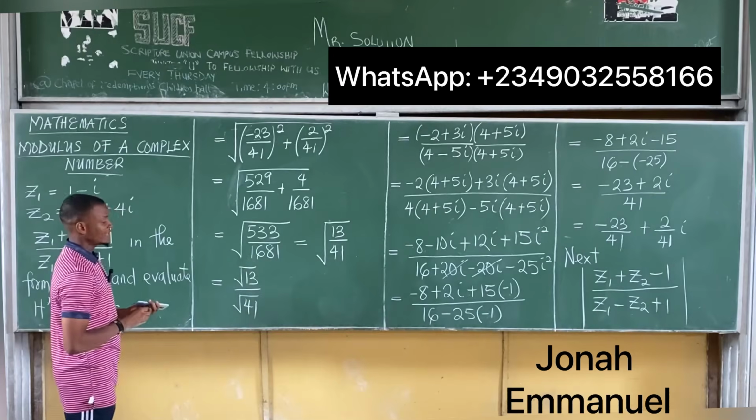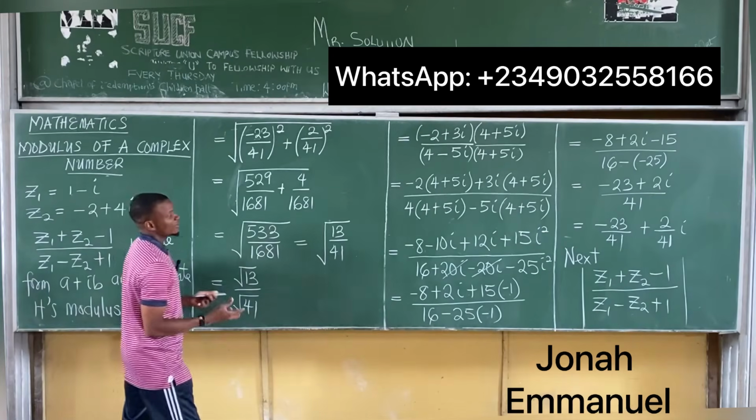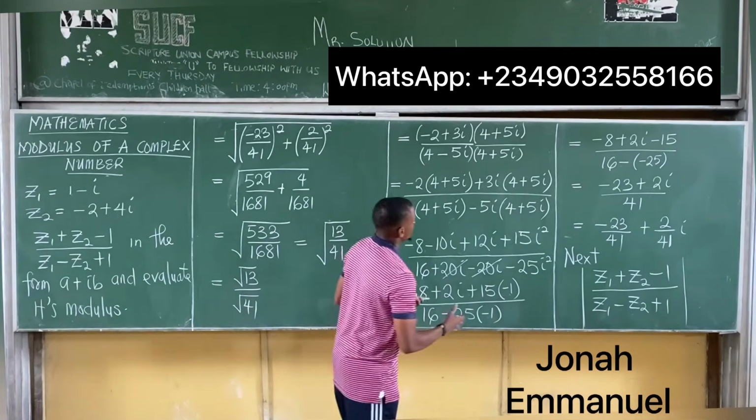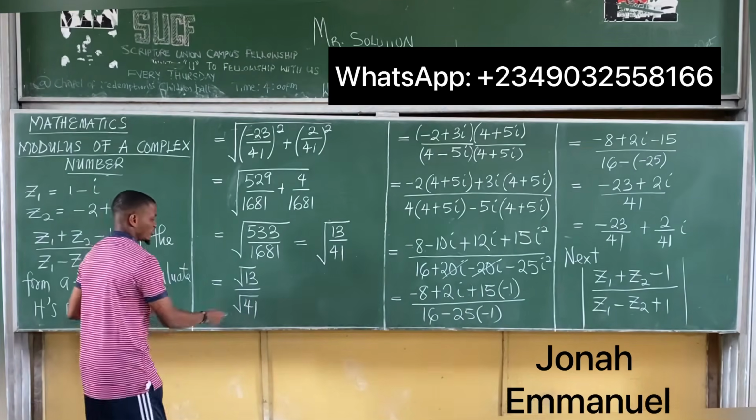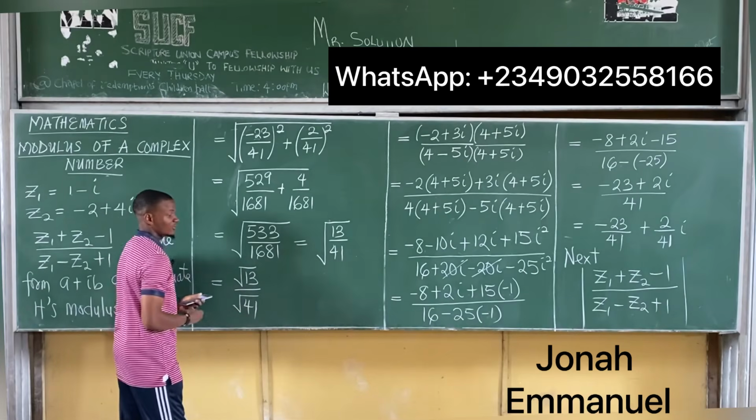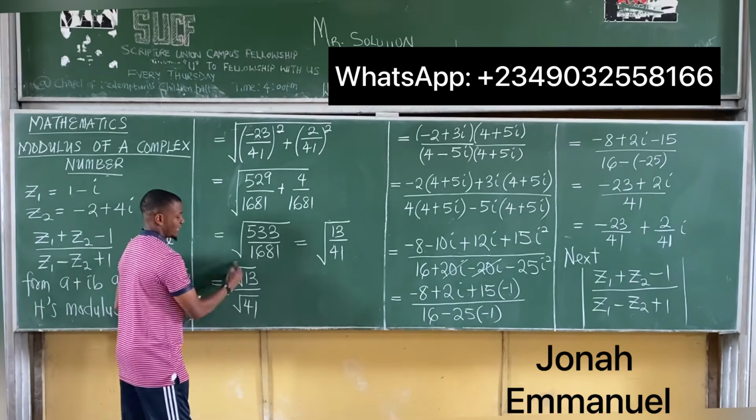Now we know fully well that just like we cannot leave the denominator of a fraction as a complex number, we cannot also leave the denominator of a fraction as a surd. So in this case, I'll have to rationalize the surd.